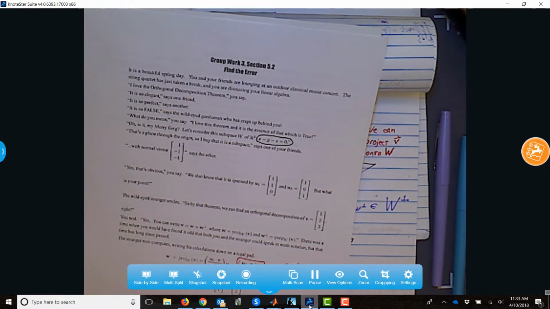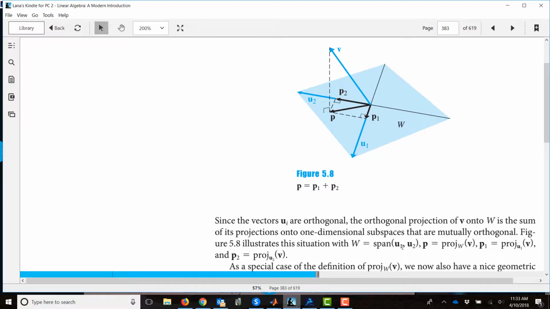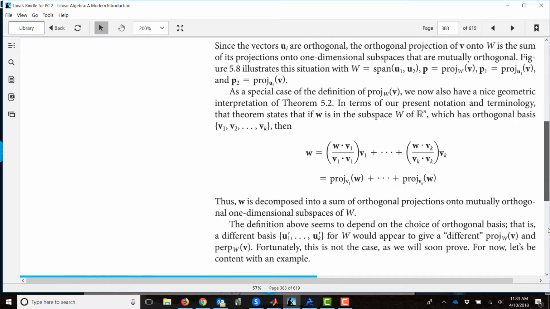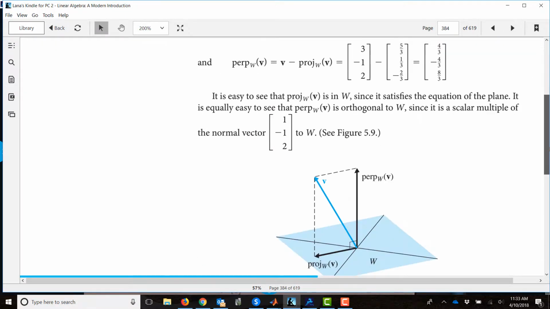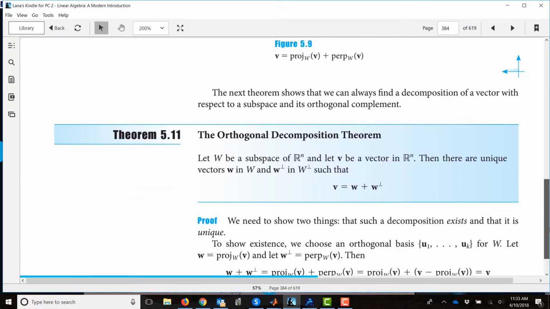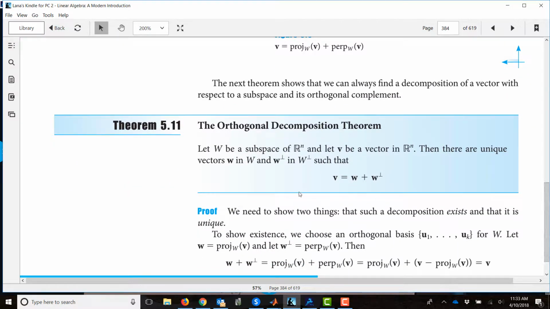What's the theorem say? Let's look very carefully at what the theorem says. The orthogonal decomposition theorem is on the bottom of page 384. Let W be a subspace, let V be a vector, then there are unique vectors such that this happens. I don't see any U's yet.